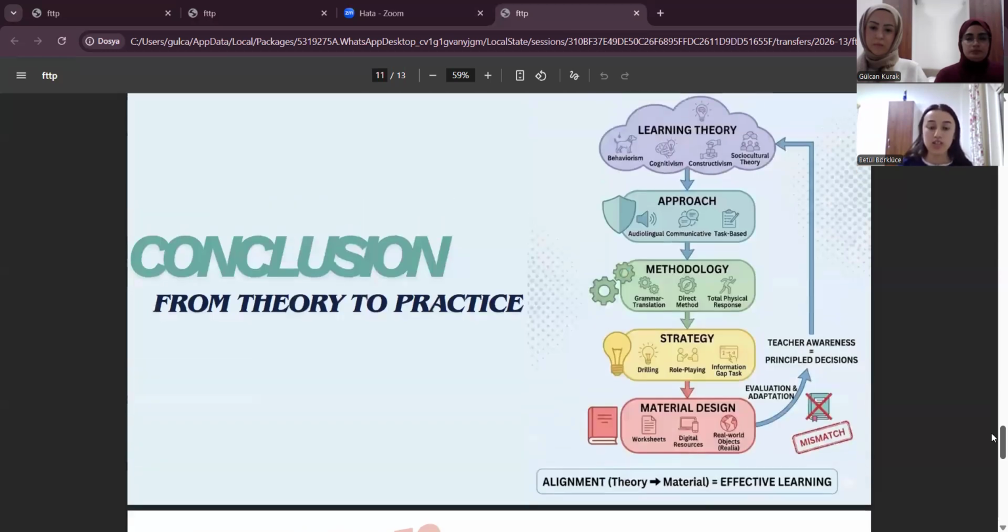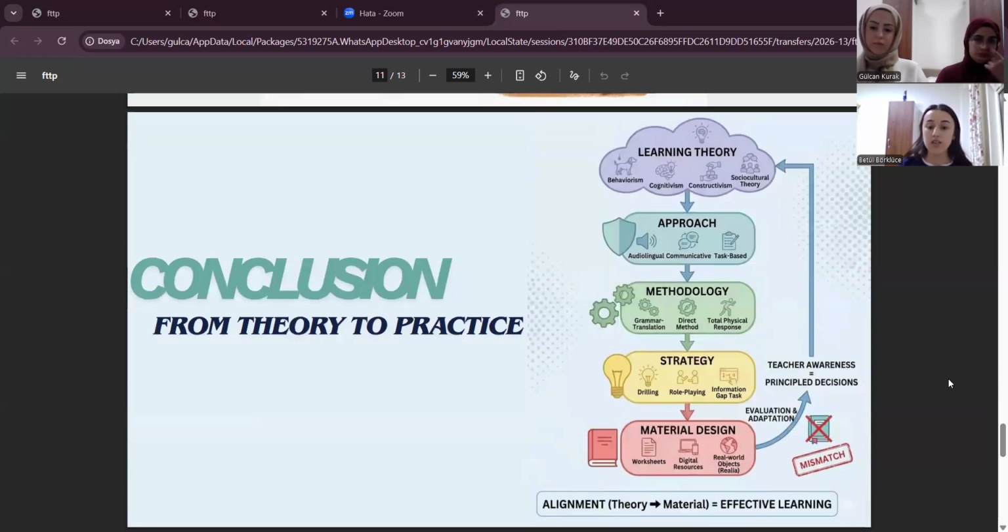In conclusion, as we said from the beginning of the lesson, there is a strong connection between all these elements: learning theory, approach, methodology, strategy, and material design are connected to each other. Being aware of this connection helps teachers to teach with purpose and effectiveness.